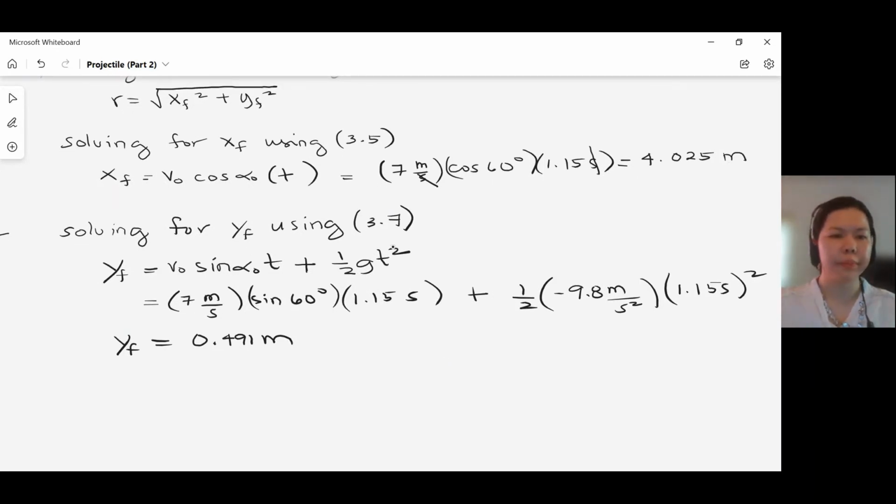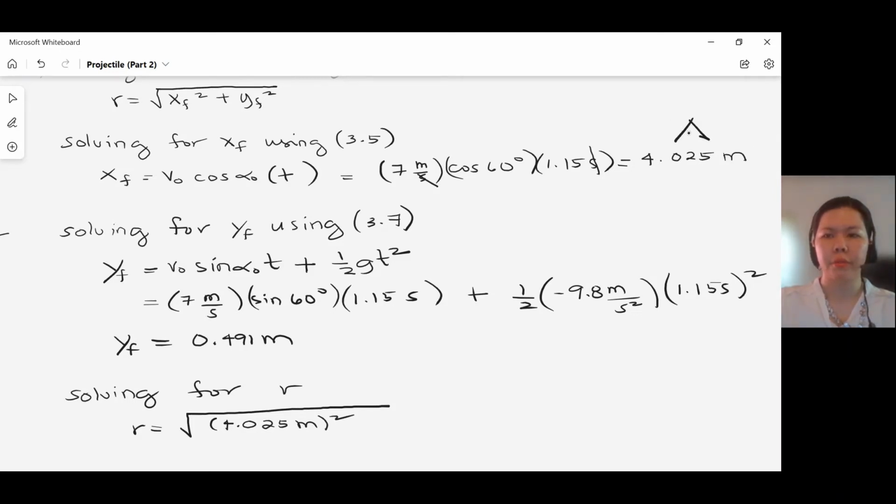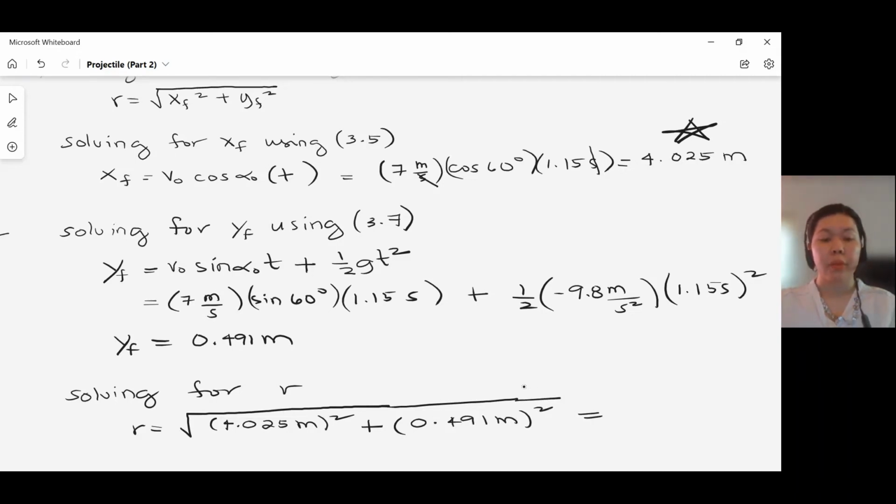So solving for R, R is the square root of XF squared, XF is 4.025 meters squared, plus YF, 0.491 meter squared.